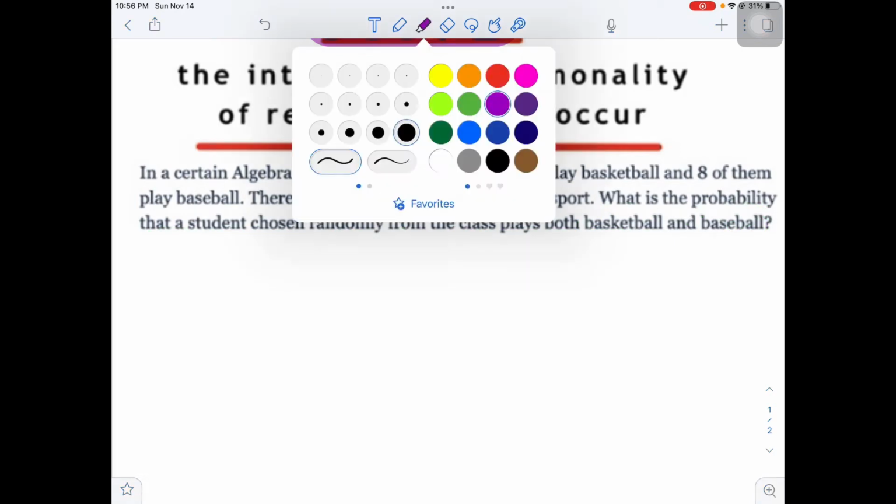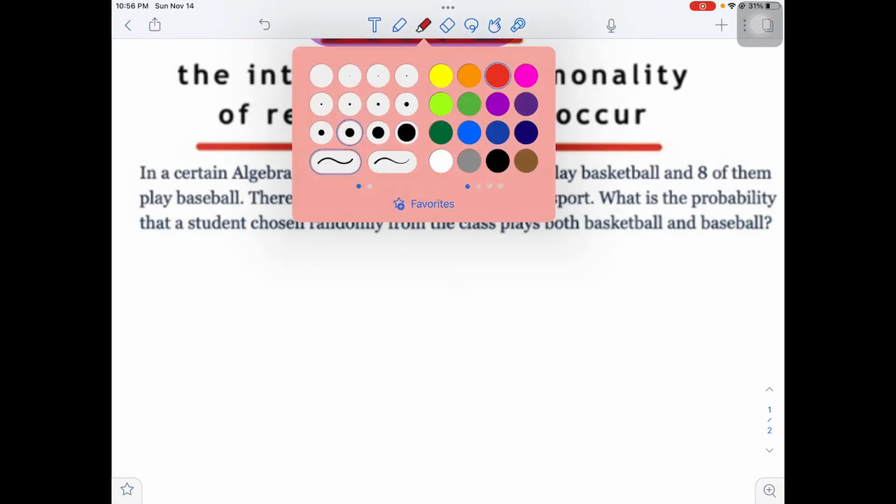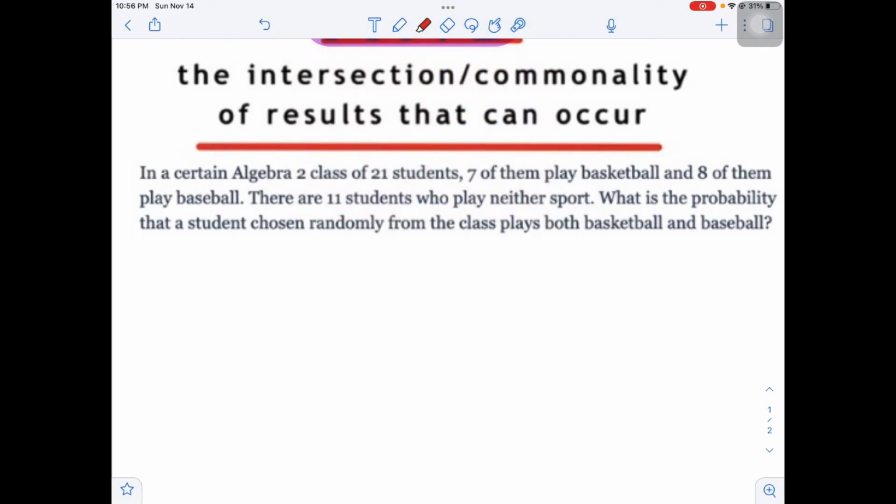So let us highlight the important parts here that we need to focus on. In a certain Algebra 2 class, 21 students. So this is the total number of students, 21 students. 7 of them play basketball and 8 of them play baseball. There are 11 students who play neither sport.